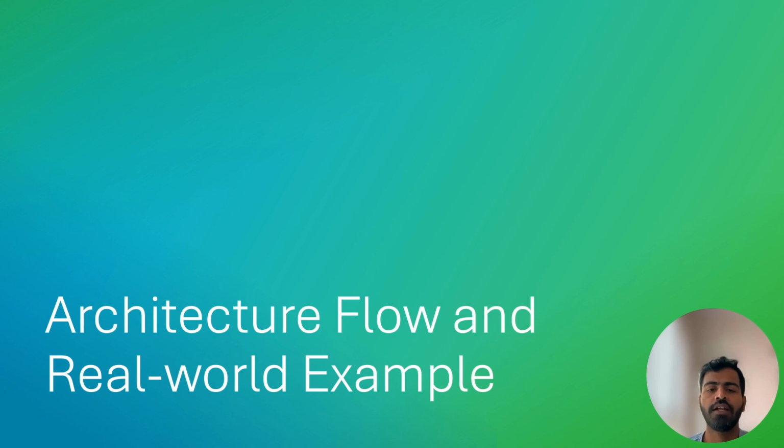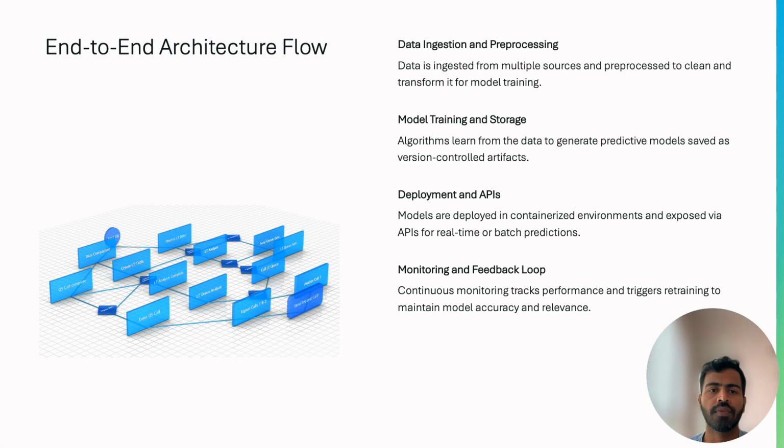So we will understand architecture flow and real world examples. End-to-end architecture flow. An end-to-end ML deployment architecture begins with data ingestion from multiple sources, followed by pre-processing pipelines that clean and transform the data. The processed data feeds into the model training environment where algorithms learn patterns and generate predictive models.